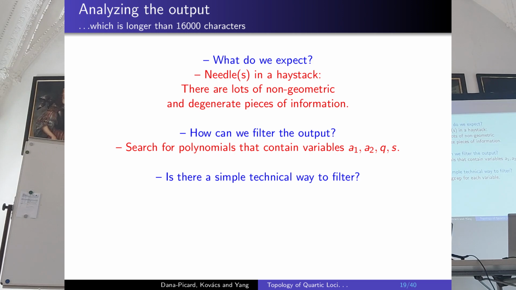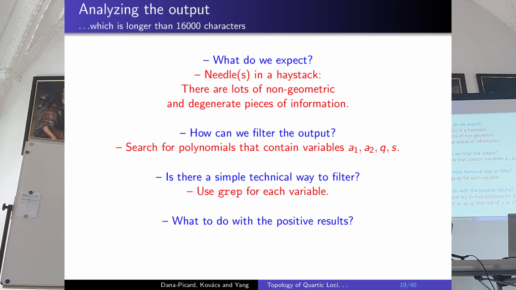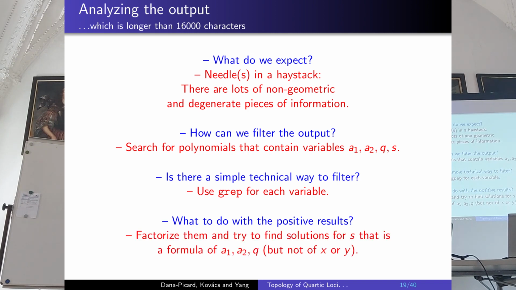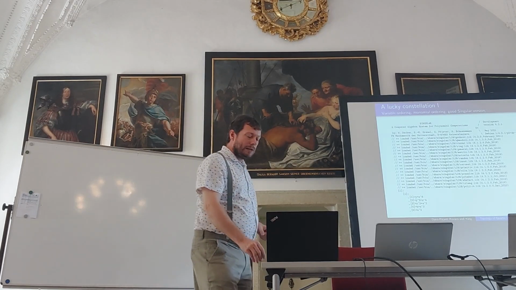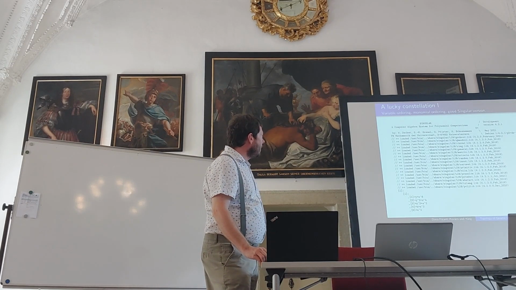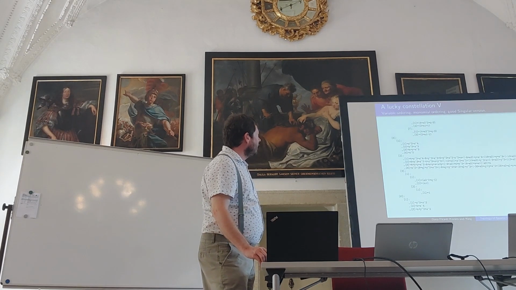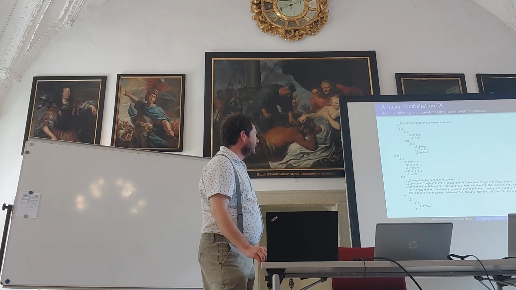We just use the Unix grep command to filter the variables, and then when we have the results, we need to find a good factorization to learn the geometric meaning. So this is the output from Singular, just 16 kilobytes of output, not very big, but really like a haystack.